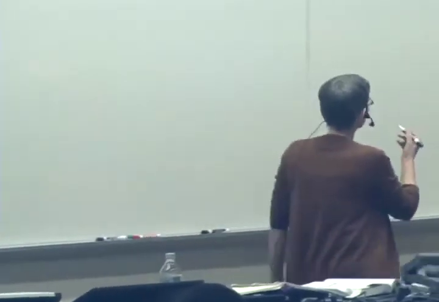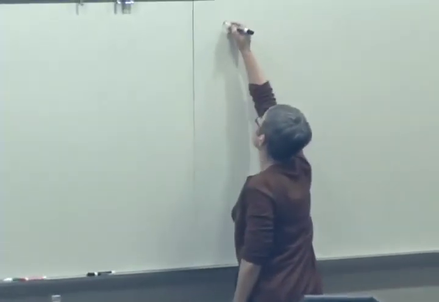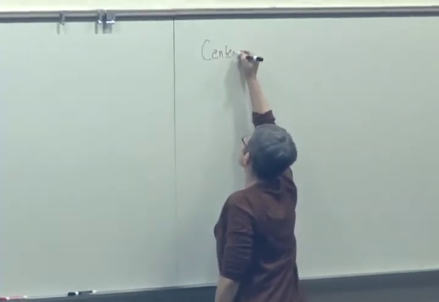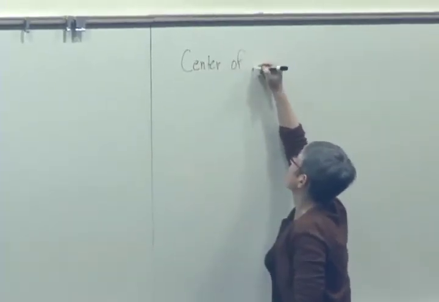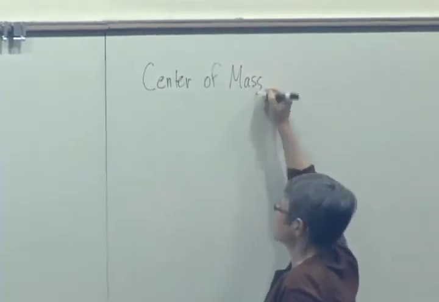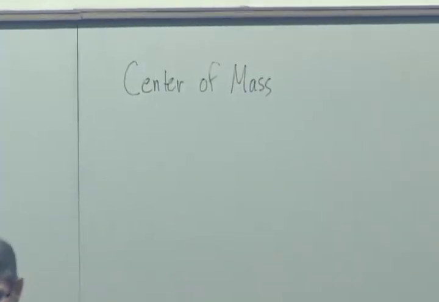Way back in chapter 3, we did talk about why we could use the momentum principle to predict the motion of things that weren't just a single electron or something like that. And you may remember that we defined a concept called the center of mass of a multiparticle system.